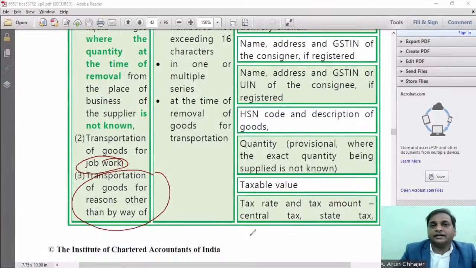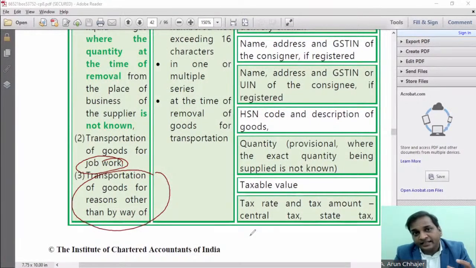For example, I'm sending some material for repair and maintenance. Is it a supply? Answer is no. Then how to move the goods? Because for movement of the goods, we need to prepare the e-way bill if the amount exceeds 50,000 and other conditions.